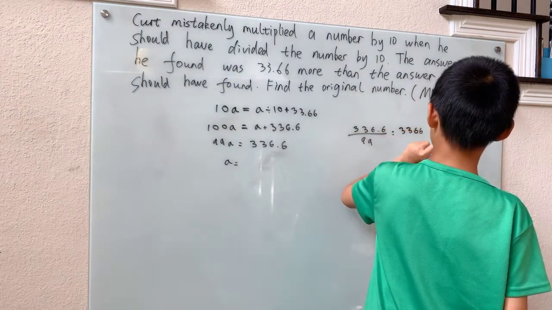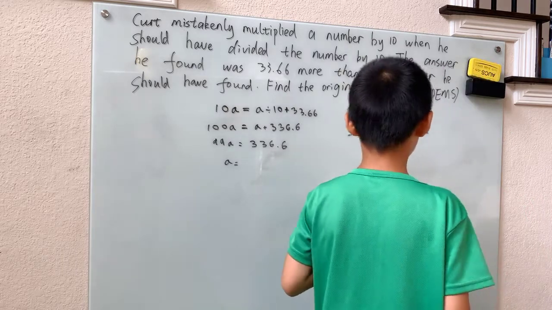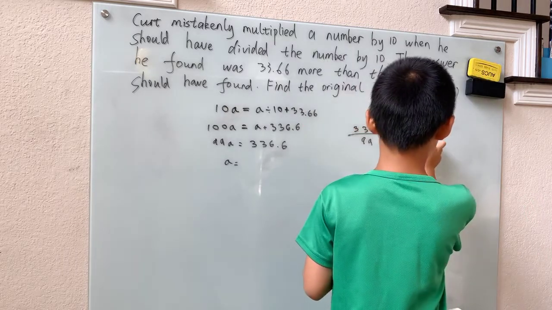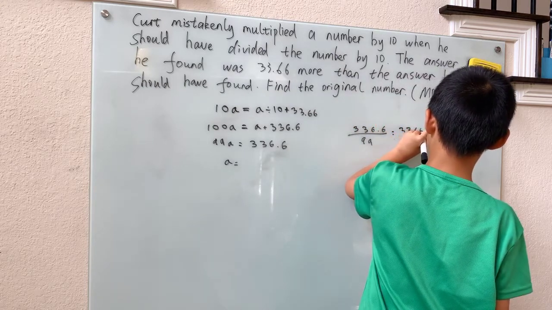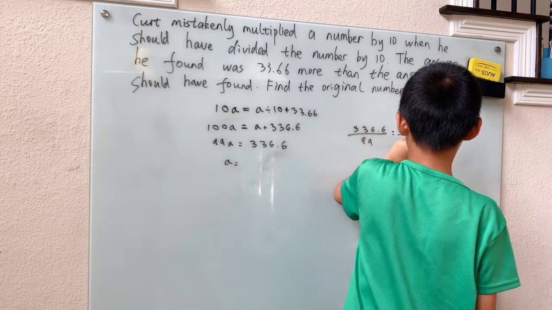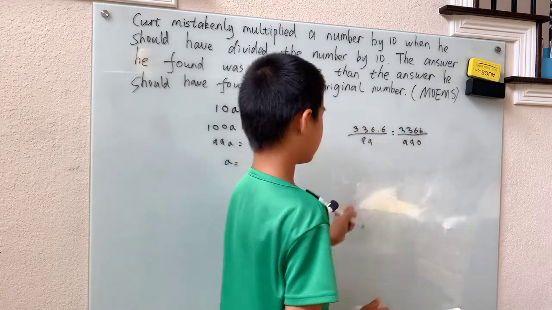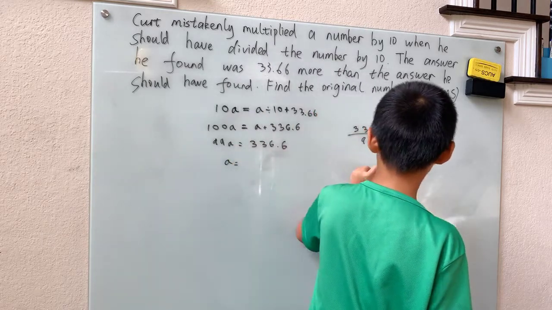You get, oh boy, 3,366 and let's see, 990 here. Now, let's see, long division.